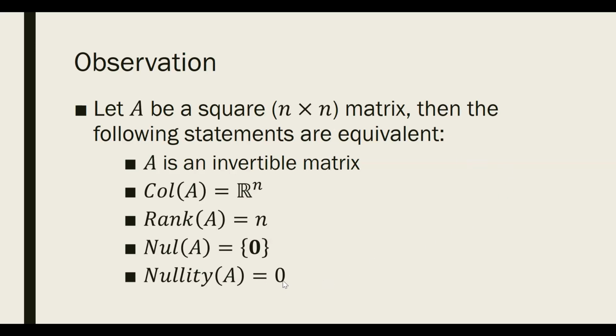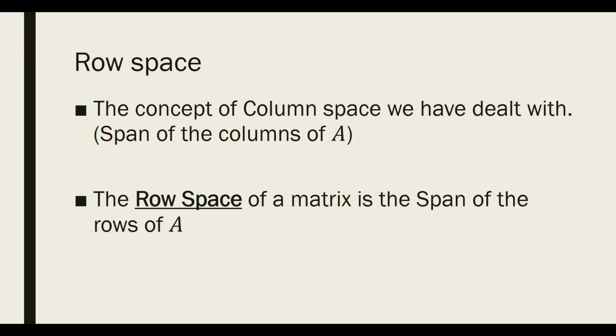So the nullity is 0, and the null space is the trivial space which just includes the 0 vector. So all of those things are equivalent to being invertible. So those invertible things still show up even deep into chapter 4.